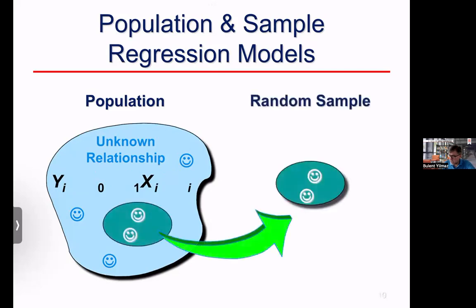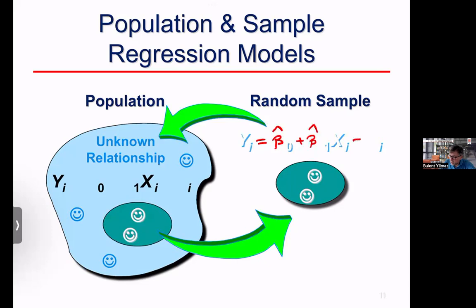And using these, I am collecting some subset of the whole population. It's going to be my random sample. And using this random sample, I will try to find out beta 0 hat plus beta 1 hat xi plus errors, okay?